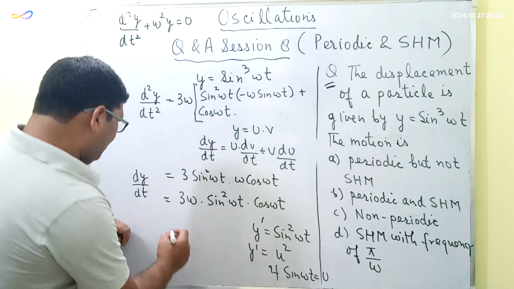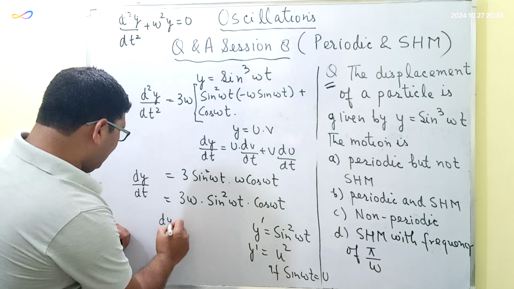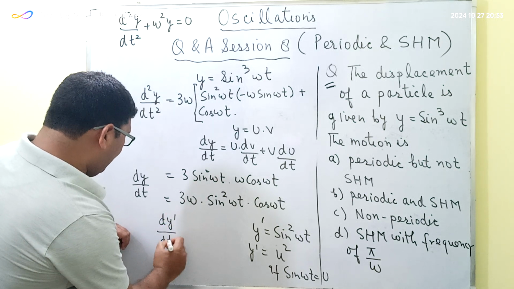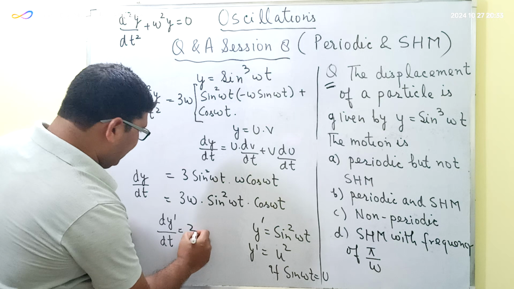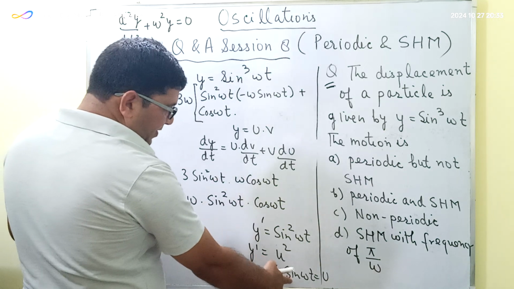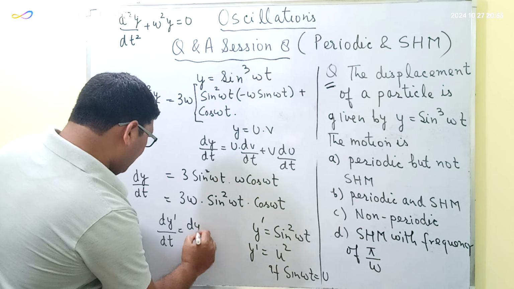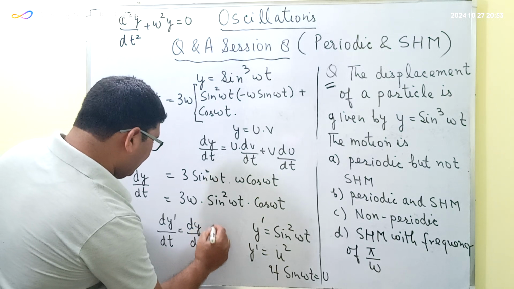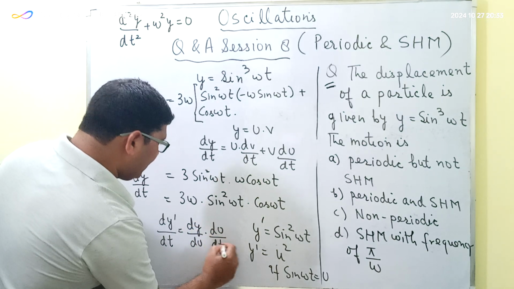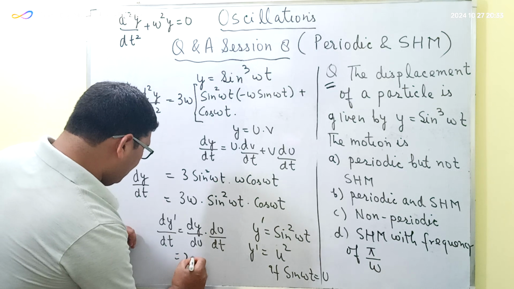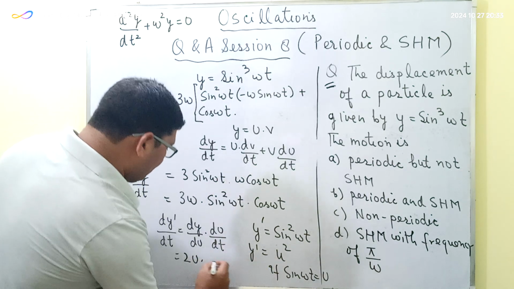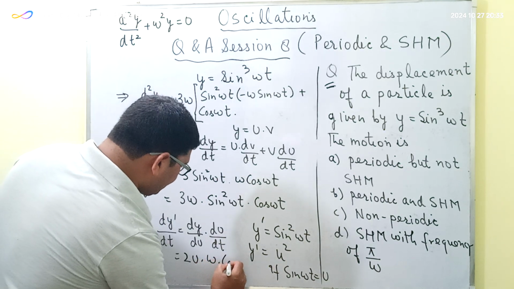So from here you can find that dy dash upon dt will be equal to 2 times u into the differentiation of this, this will be equal to dy by du into du by dt. Now dy by du here is 2u and du by dt will be equal to omega into cos omega t.